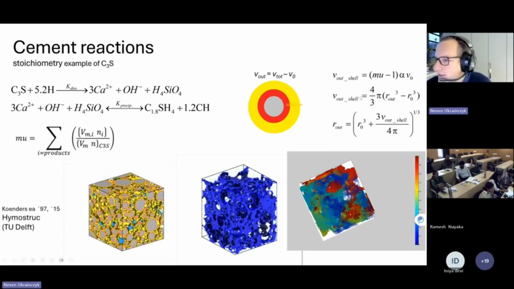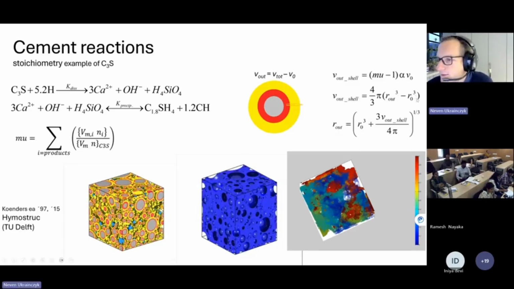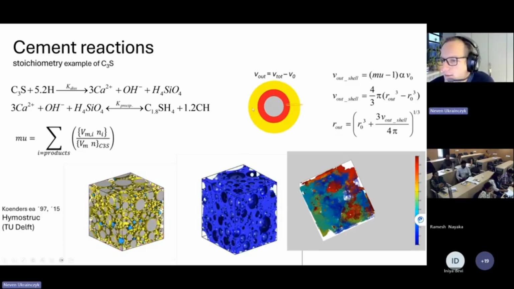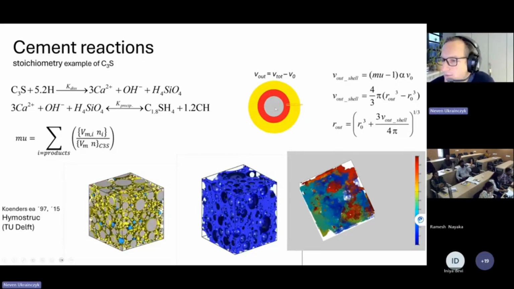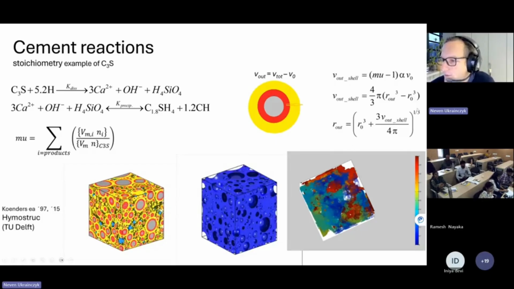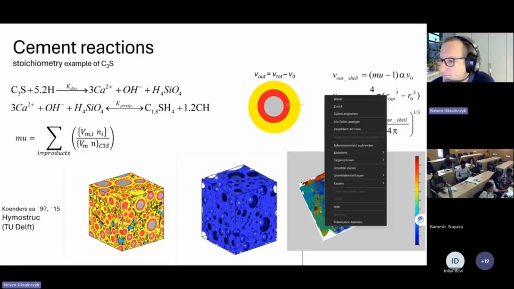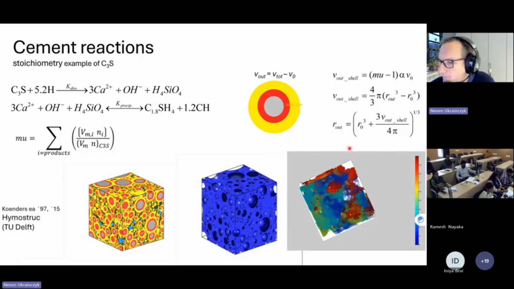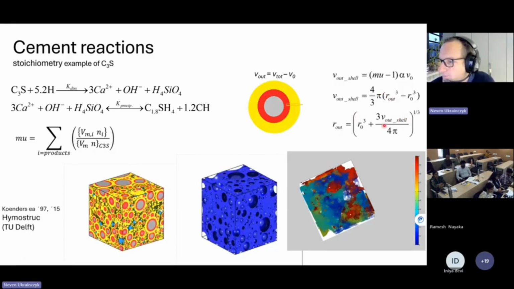So the outer shell is then calculated as the outer volume, which is the total volume, minus the initial volume. So this is how you calculate it. Then you can also calculate the outer radius. You just take this out and explicitly write it as a function of the volume.